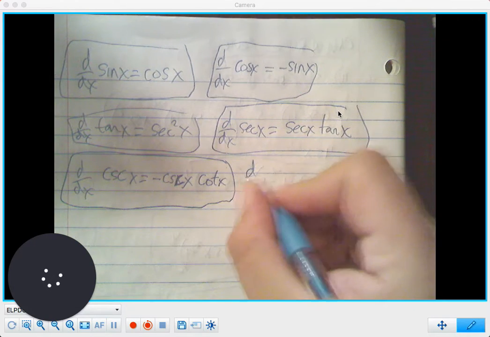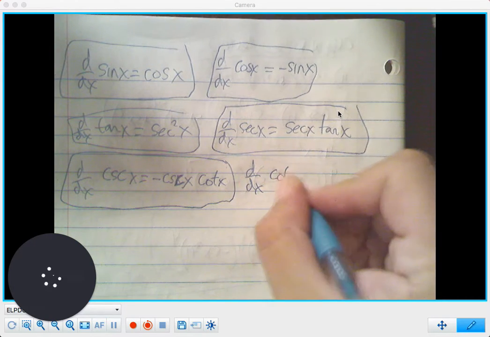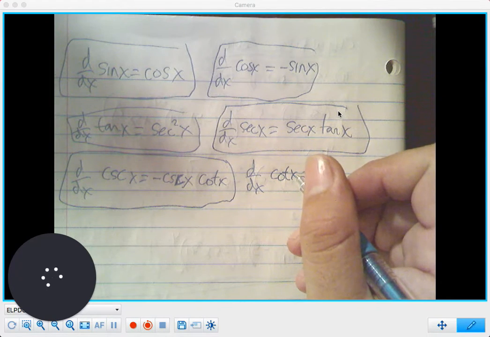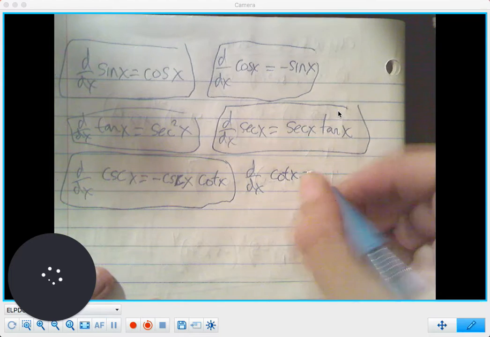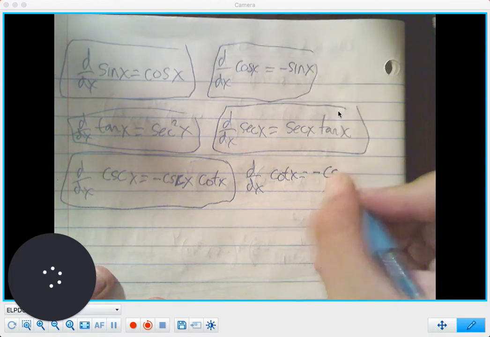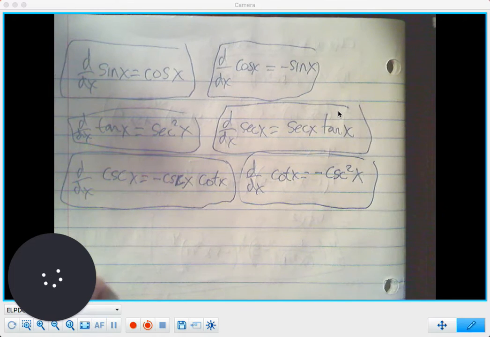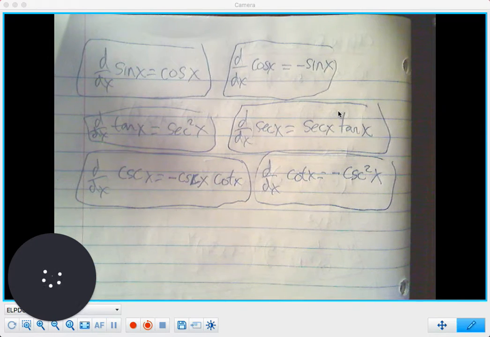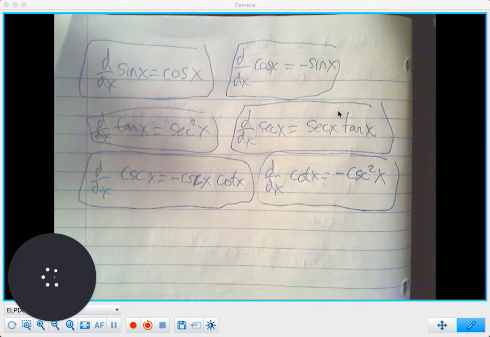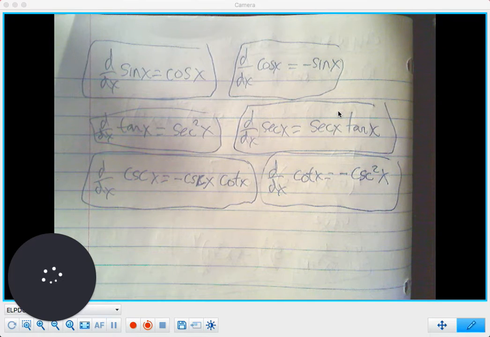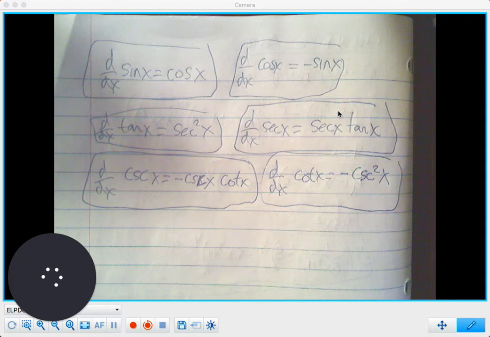And the last one is the derivative of cotangent x, which is negative cosecant squared x. So this you have to memorize. If you don't memorize this, there's no way you can do the problem. Cool?